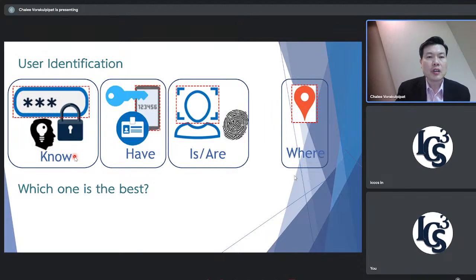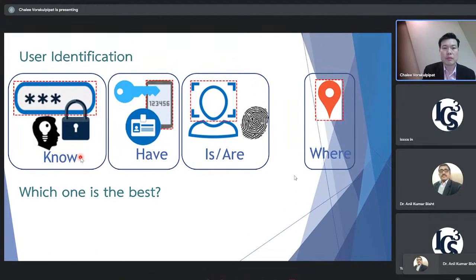Okay, so the good thing about something you have is that it is very difficult to steal. If someone steals our key, only one hacker or stealer can get access. It is different from something you know. And the last one is something you are, or something the user is.